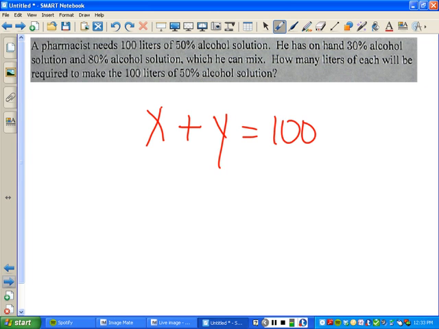This is kind of that formula we talked about last time. X plus y equals sum total. Now we'll deal with the percentages. We got 0.30x plus 0.80y equals 50%, so 0.50 of the 100.